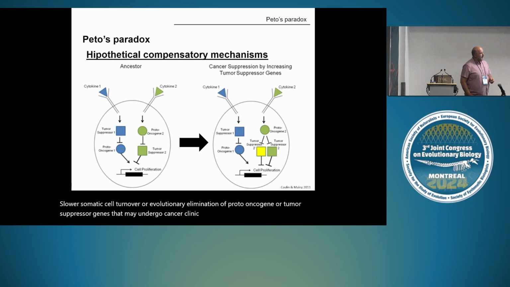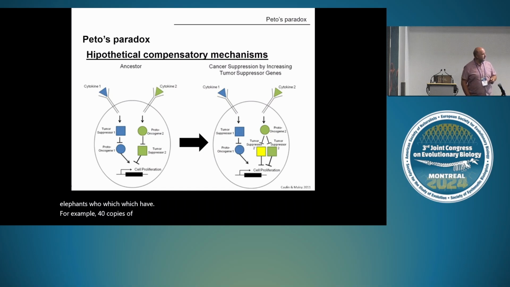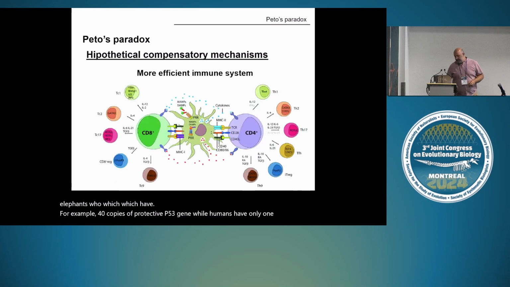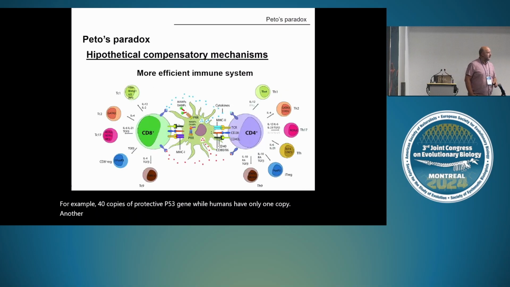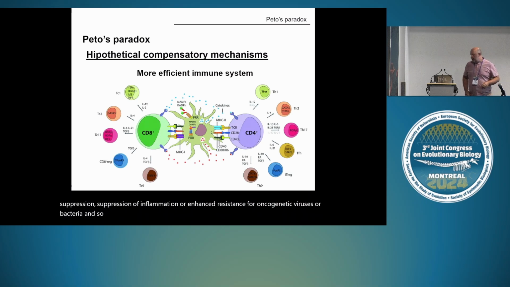Or, on the other hand, they may simply increase the number of protective tumor suppressor genes, as in the case of elephants, which have, for example, 40 copies of the protective p53 gene, while humans have only one copy. Another hypothetical mechanism is a more efficient immune system, better suppression of inflammation, or enhanced resistance to oncogenic viruses or bacteria, and so on.